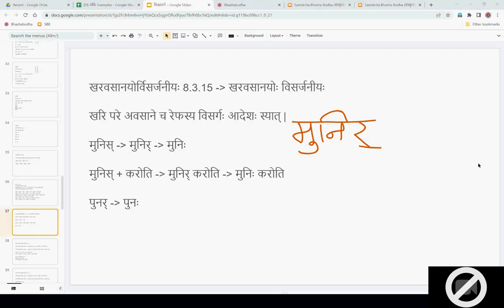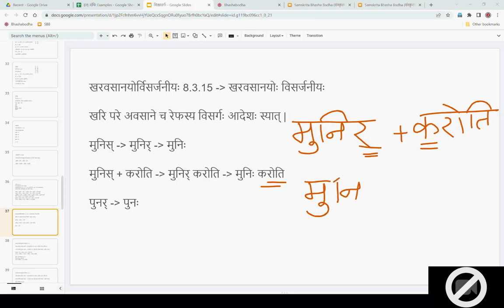Now if after this some khar follows, for example, karoti, then ka is a khar letter, so this ra changes to visarga: Munihi karoti.